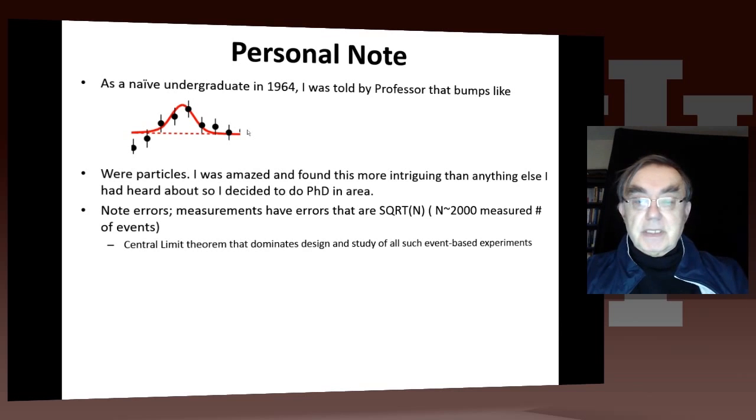And I'm not certain that's a very good reason to decide one's career, but it did decide my career because I stayed in that field, went to Caltech as a faculty member, and then at Caltech I went more into computing. But all this started by the professor telling me that this was a particle.